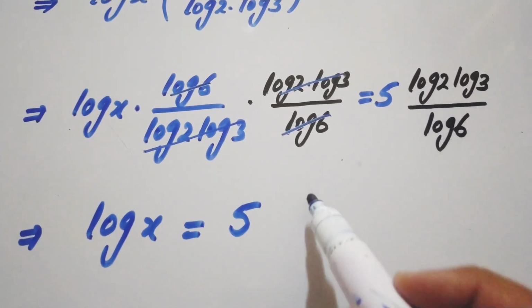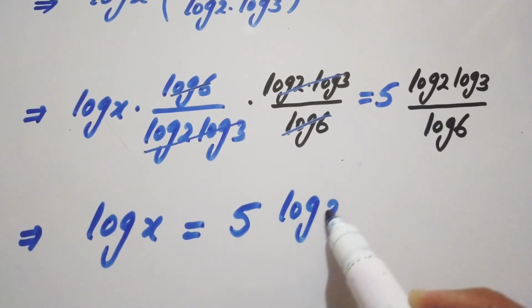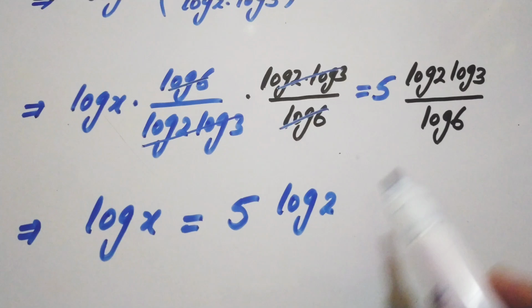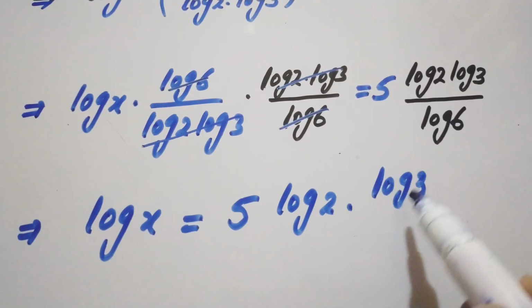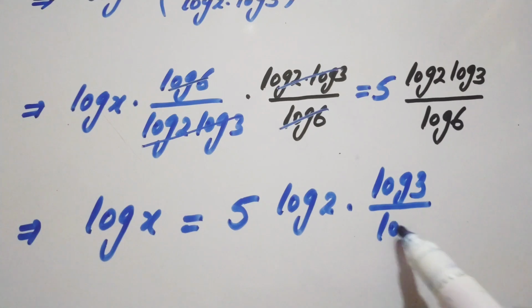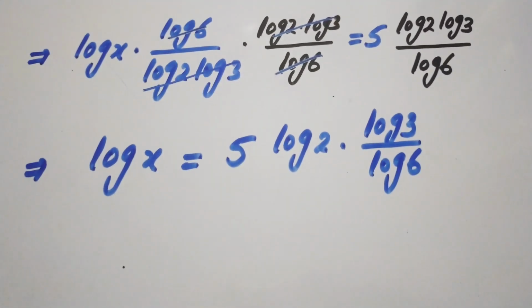Here this will become log of 2. We can write this as log of 2 log of 3 divided by log of 6. Now dividing both sides by log 2.